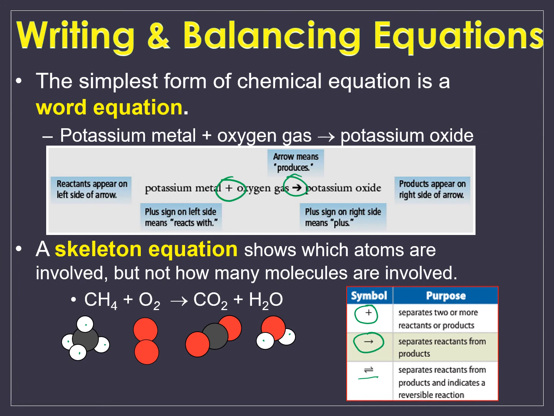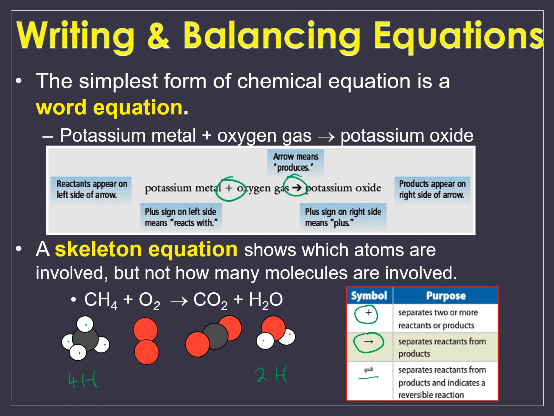But guess what, y'all? We don't. We only have 2 hydrogens. So we already know that this is not balanced and it doesn't keep up with the law of conservation of matter. So we need to do something about that, right?